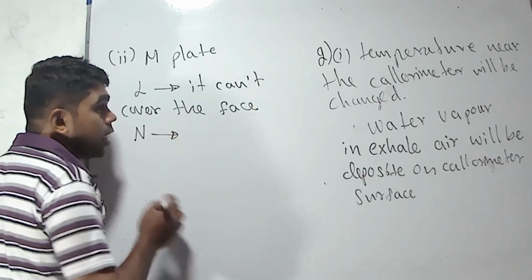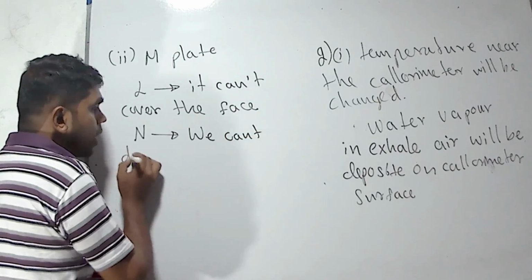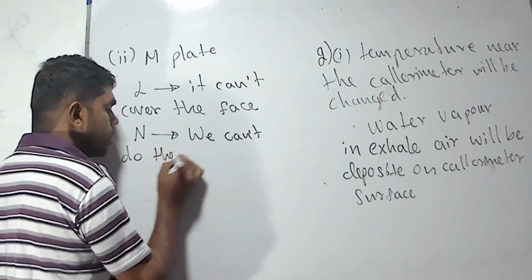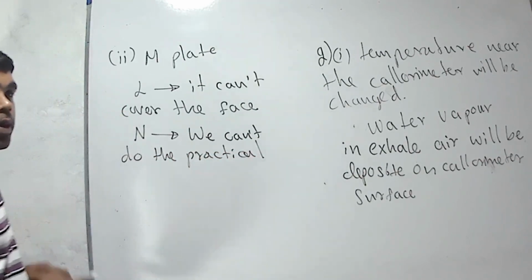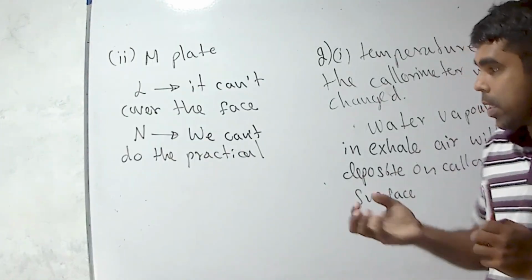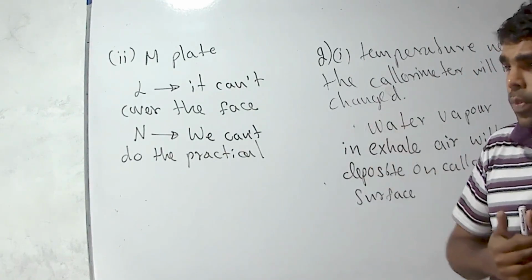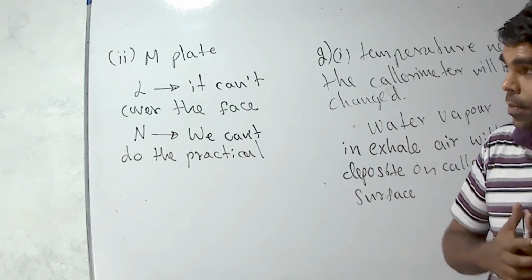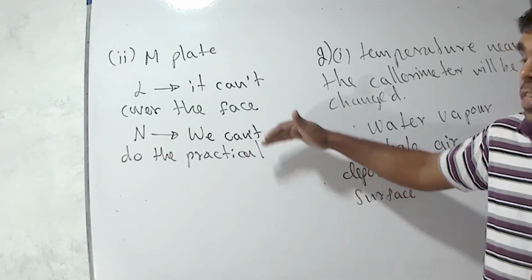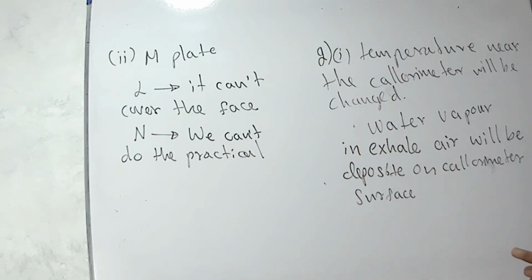It is a larger one. We can't do the practical because it is a larger one. We can't put Styrofoam. It is difficult to put ice and Styrofoam when using this plate. It is a larger one. Therefore, the most appropriate plate is M plate.